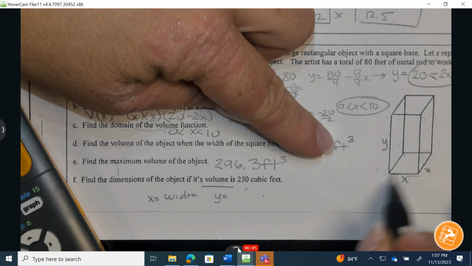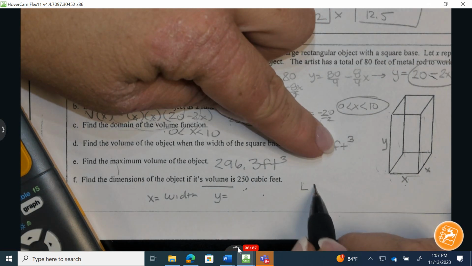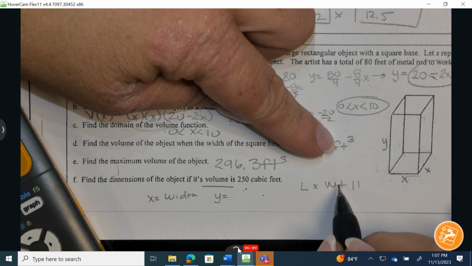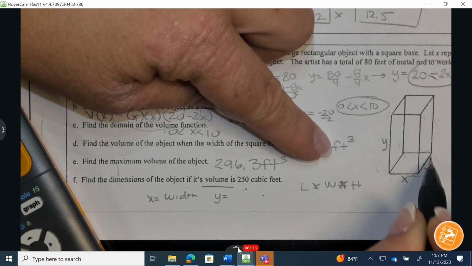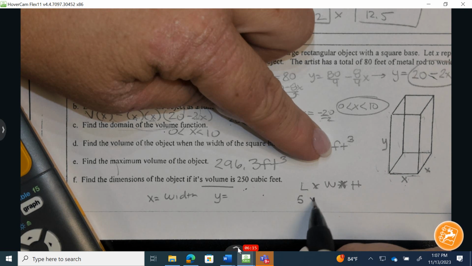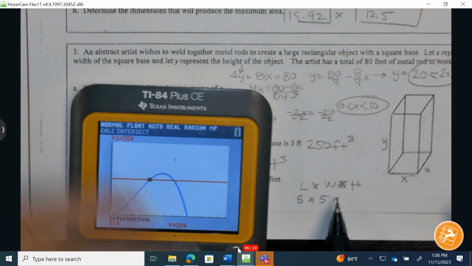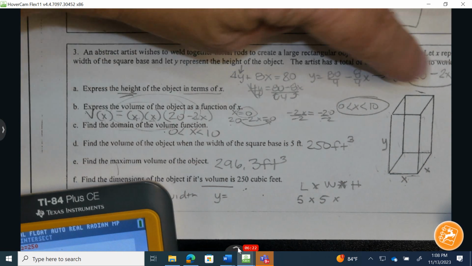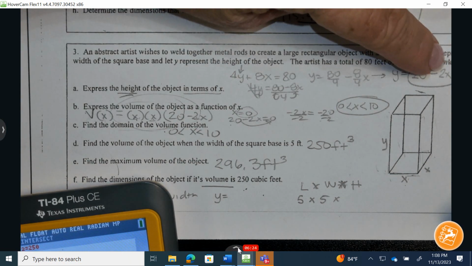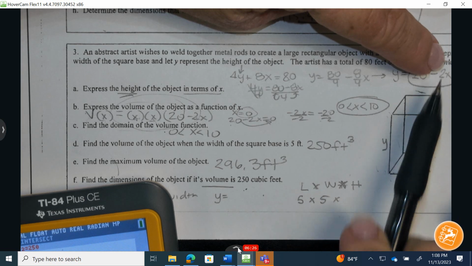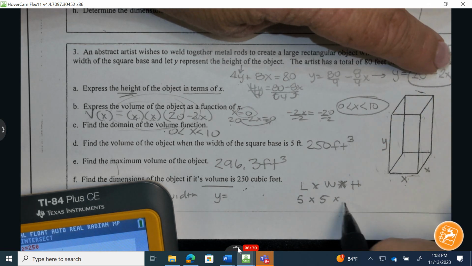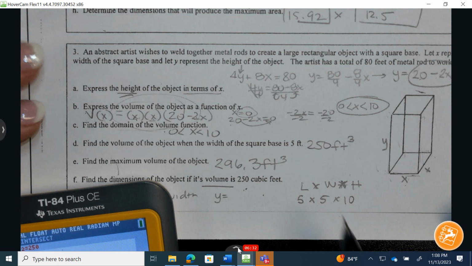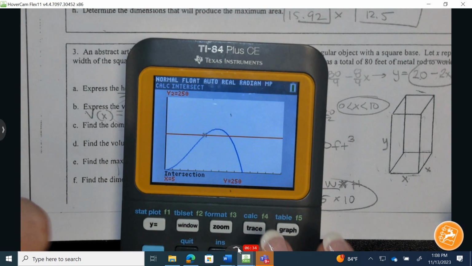So the dimensions, length times width times height, could be 5 by 5, and I was able to achieve that from this X value. Now how do I figure out the height? We're going to come back up here. So if X is 5, 2 times 5 is 10, 20 minus 10 is 10. So 5 times 5 times 10, that's one option. Let's look at another option.